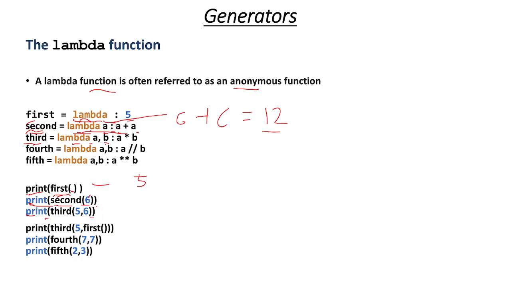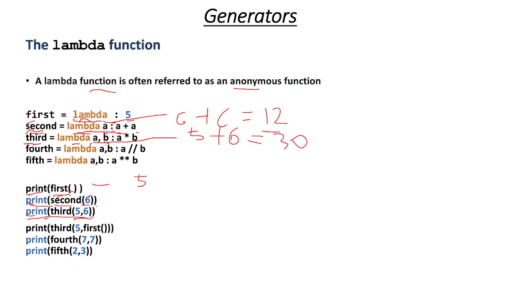We will invoke our Lambda function by placing two arguments inside the parentheses of our third variable. Integer 5 will be given to parameter a, and integer 6 will be given to parameter b. So 5 will be multiplied by 6. As a result, we will get 30 displayed in our console.